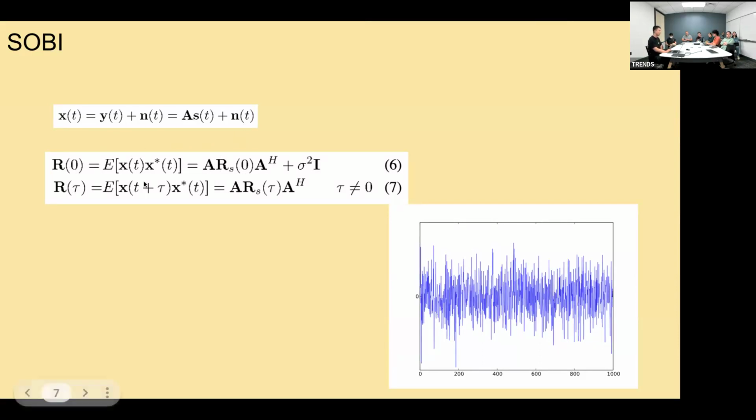For the covariance, R at 0 represents the covariance. A is the transfer matrix, so the covariance of our observed signals is represented with sigma squared, the variance of the noise, through each dimension.